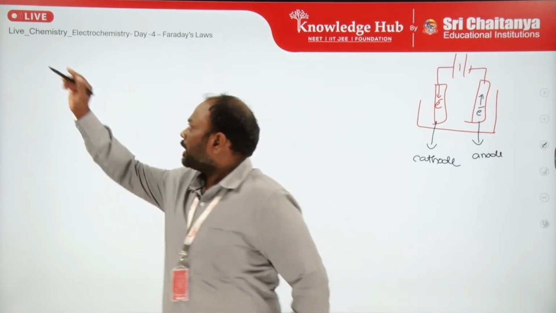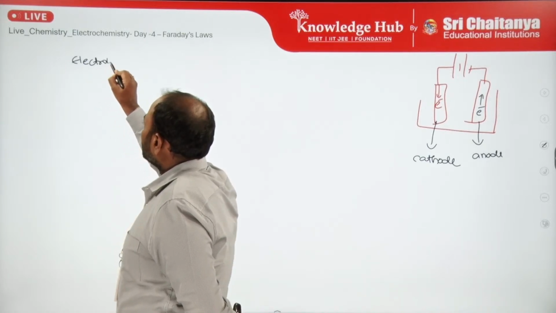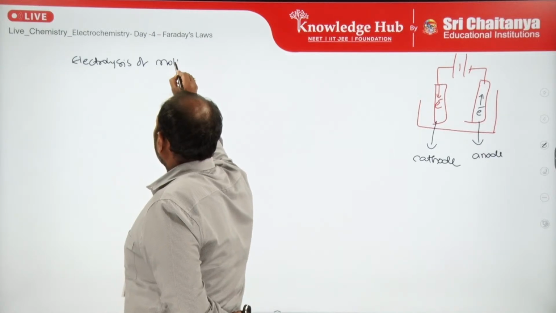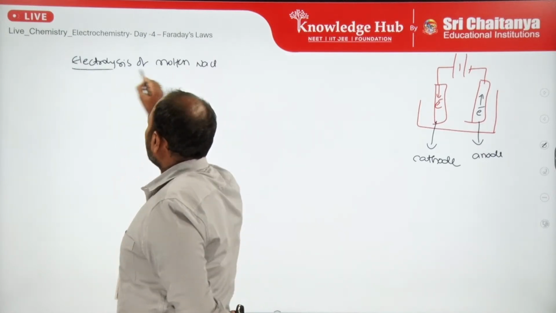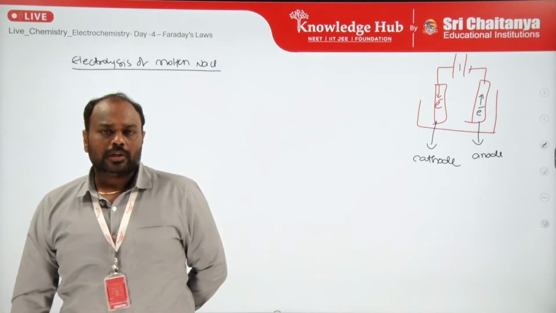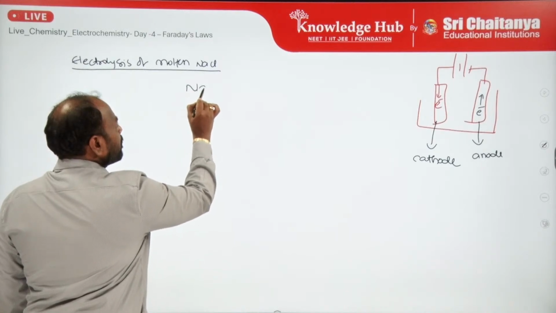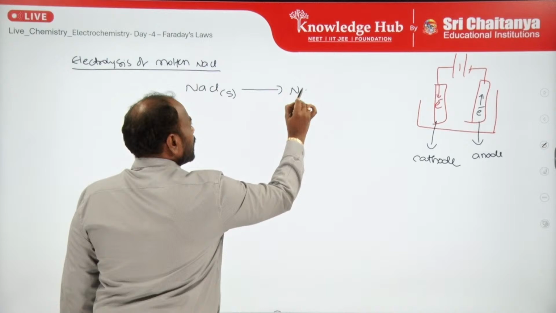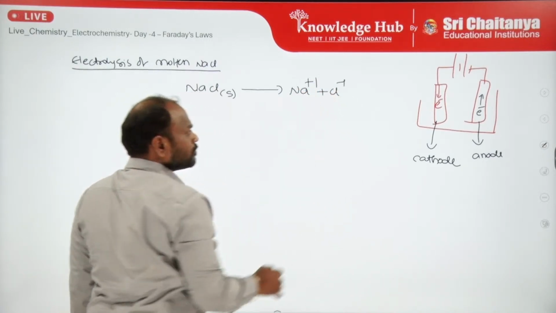Suppose we take the electrolysis of molten NaCl, that means sodium chloride is present without water. By passing current, NaCl is decomposed into Na+ and Cl-.